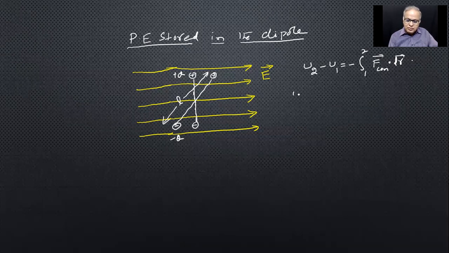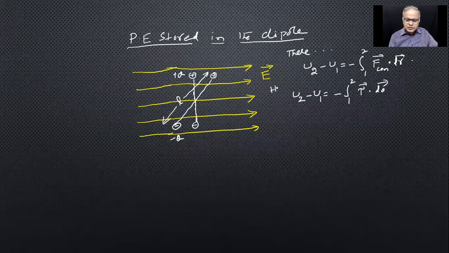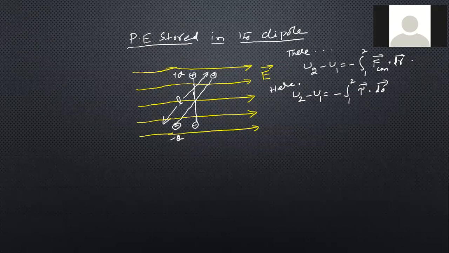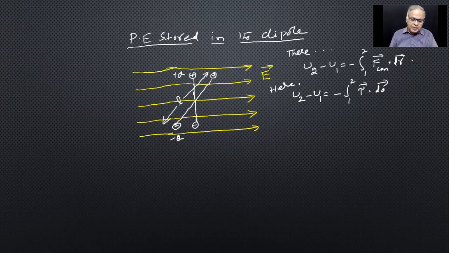So you can write U2 minus U1 equals minus integral from 1 to 2 of torque dot d theta. There we had this, here we have this. Easy to remember. If you remember the main thing, others will follow automatically.